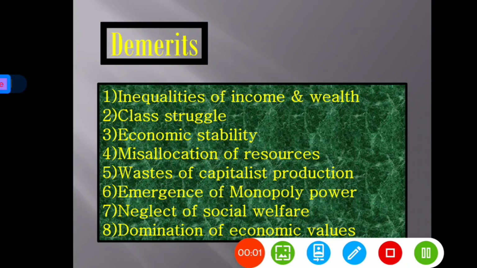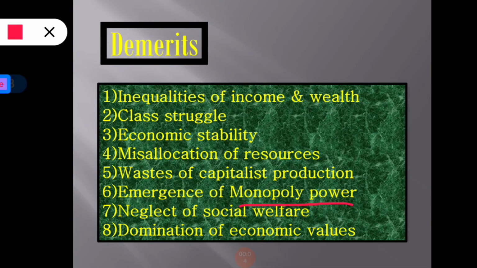Going to the sixth one, that is emergence of monopoly power. It is one of the important demerits of the capitalistic economic system. A few giant firms control production in most of the industries. Monopolist firms exploit the consumers by charging higher prices and by restricting output also.